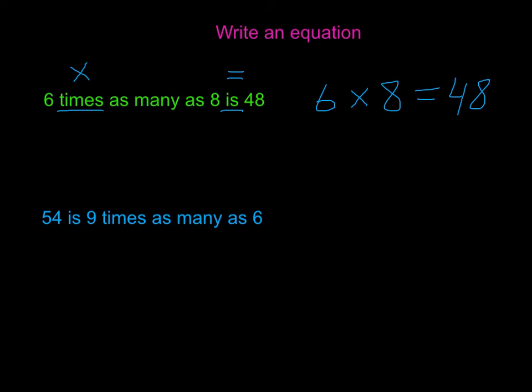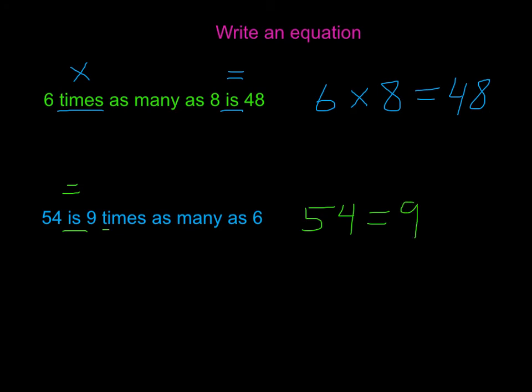Okay, down below here we have 54 is 9 times as many as 6. So we can write this by starting with our digits, 54. And then, looking over here, we have is. And remember, is the equal sign. So 54 equals, or is. And then we have 9.